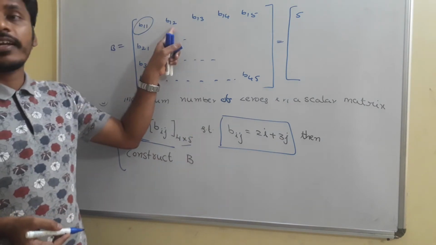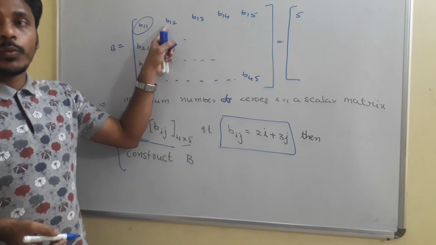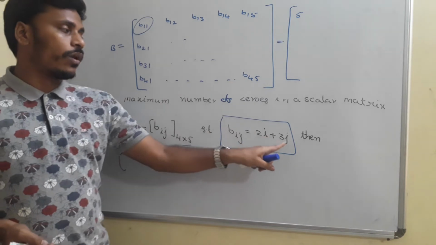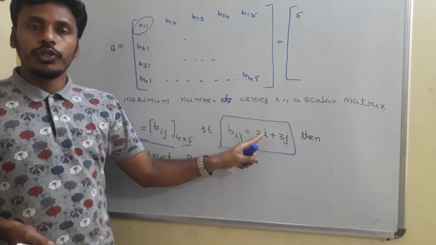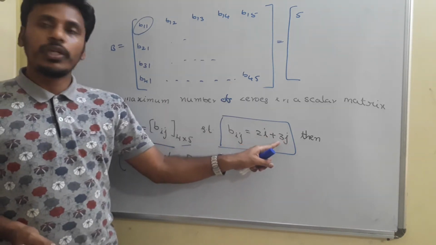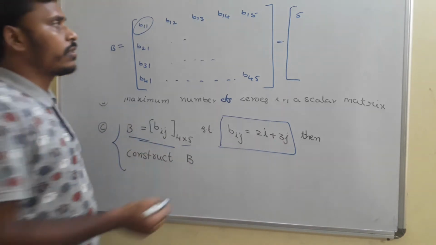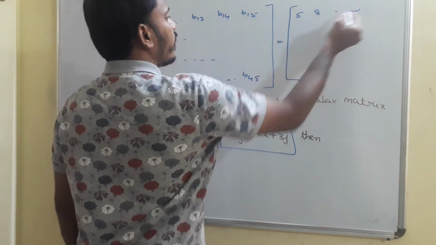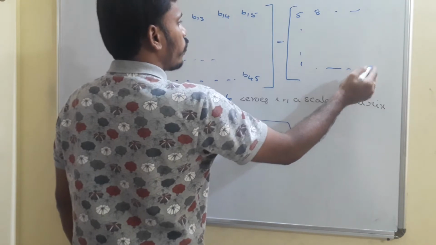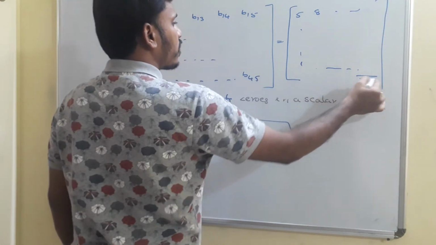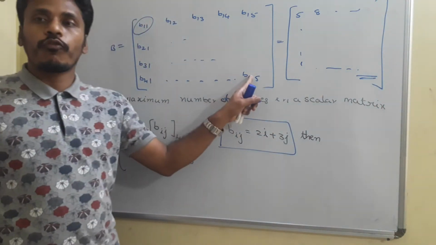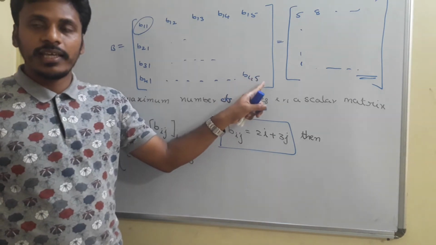If you go for the second element, B12, i is 1 and j is 2. Replace i with 1, 2 into 1 is 2, j with 2, 3 into 2 is 6, 6 plus 2 is 8. Like that we need to fill all the elements. If you come to the last element, B45, i is 4 and j is 5.